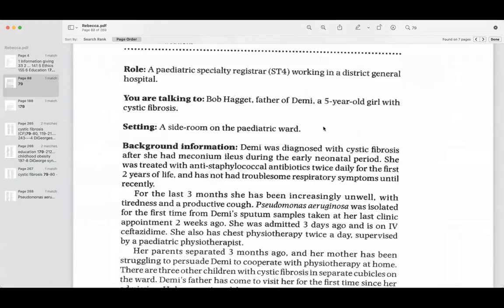If the mother asks, you will definitely go. Like if the mother asks, how do you manage this condition? How do you treat my child's condition? If she asks, you will explain to her like how you would explain to your normal patient.